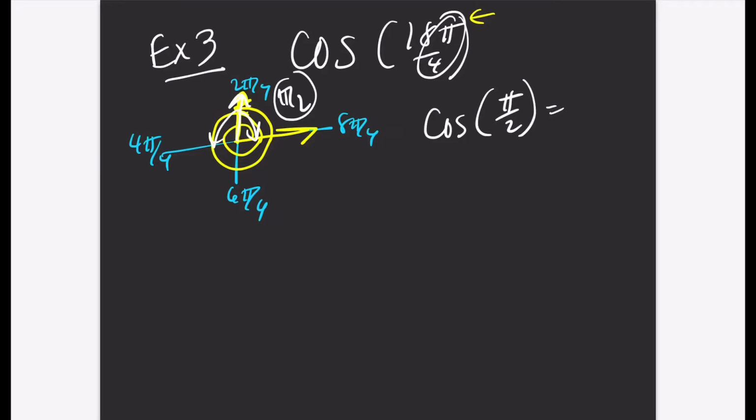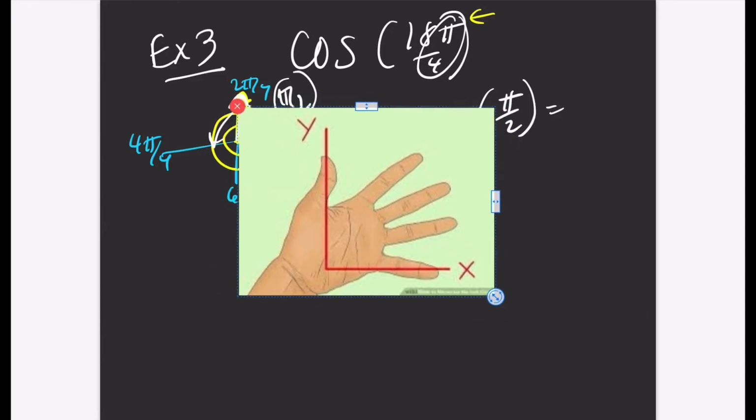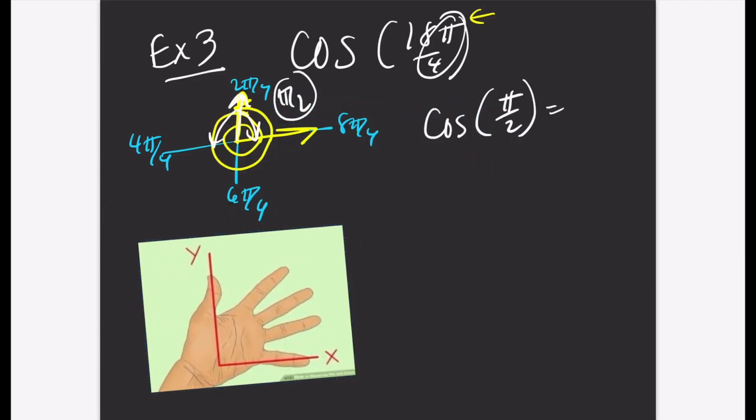Now, the cosine of pi over 2. Let's go to our hand, let's label it. 0, pi over 2, pi over 3, pi over 4, skip 5, go to 6. Pi over 2 is our thumb, so you're pulling that finger back.